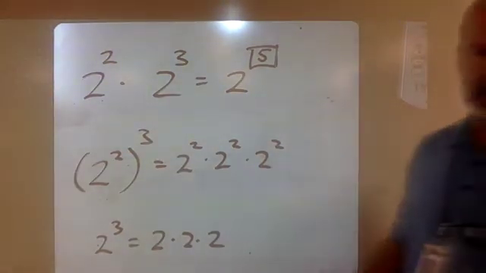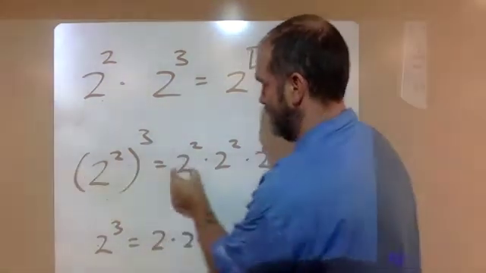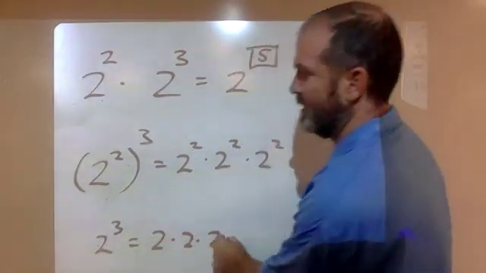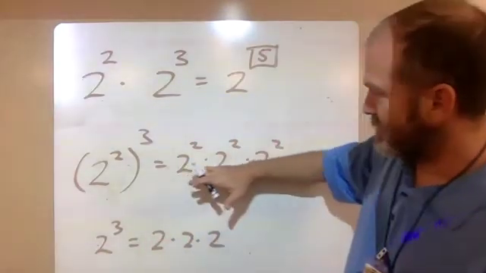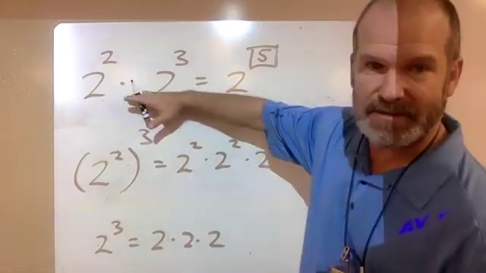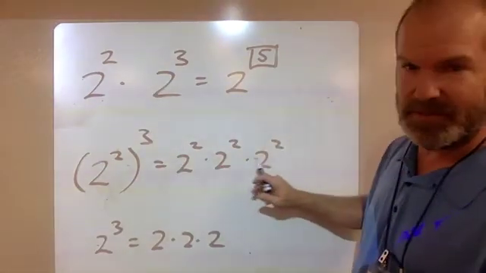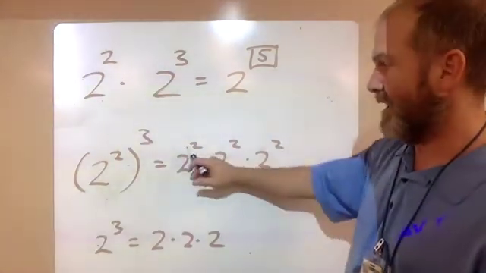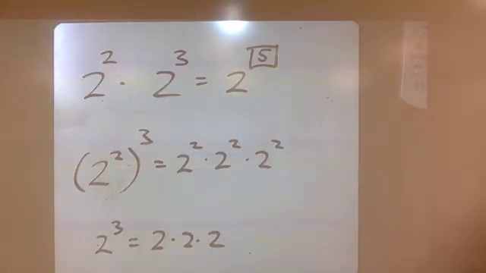You see that? See what I'm doing there? This thing 3 times. So when you get 2 squared 3 times, now you're back to this rule. You're multiplying the same base number, the same 2. So you add the exponents and you get 2 to the sixth.